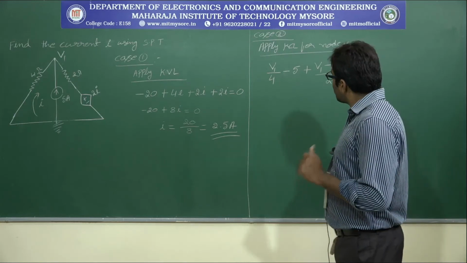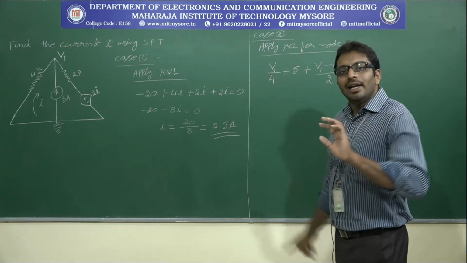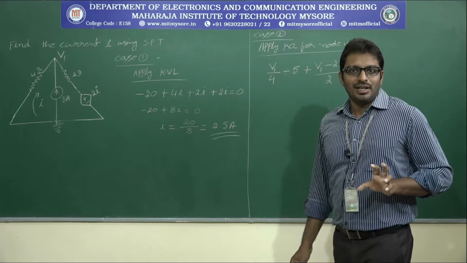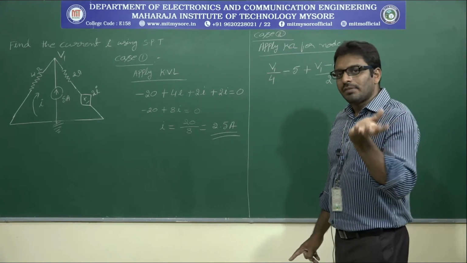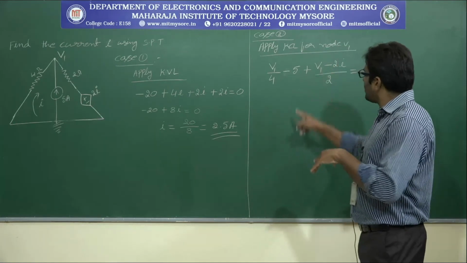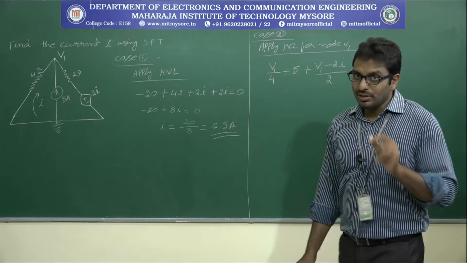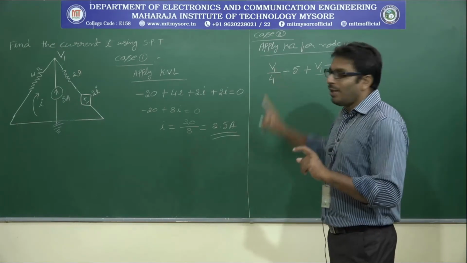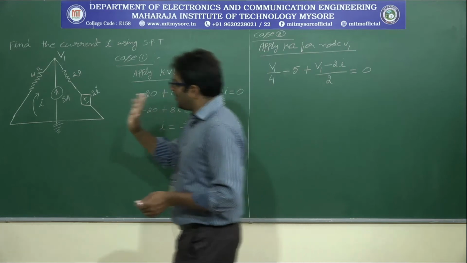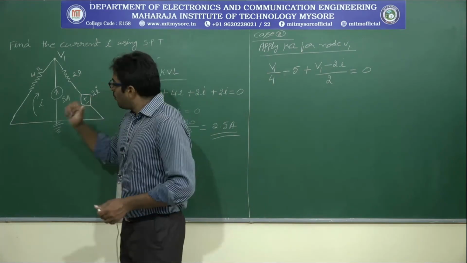So try to express V1 in terms of I. Next, by substituting that in this equation, directly we will get I. This is a very important point in this problem. How to express V1 in terms of I? First, see the circuit. What is I?